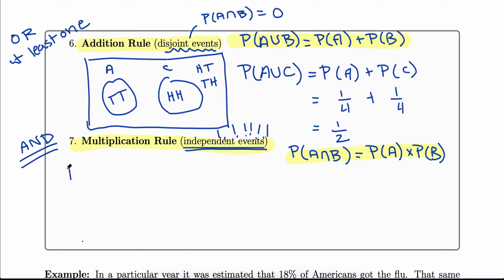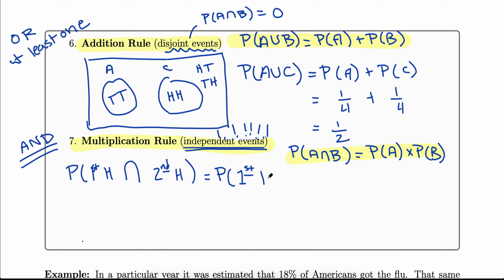So in our example, suppose I want to know the probability that the first toss I get heads and the second toss I get heads. Well, I know one toss does not influence the other, so I can just multiply these two things together.